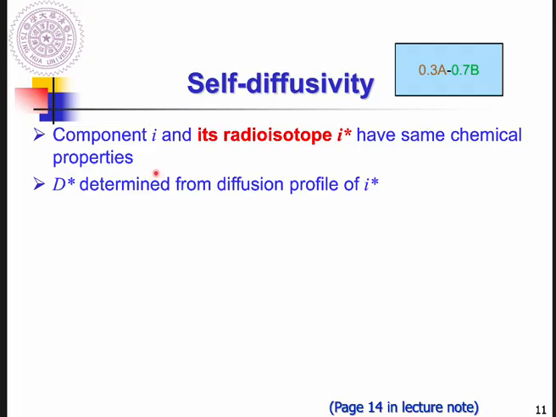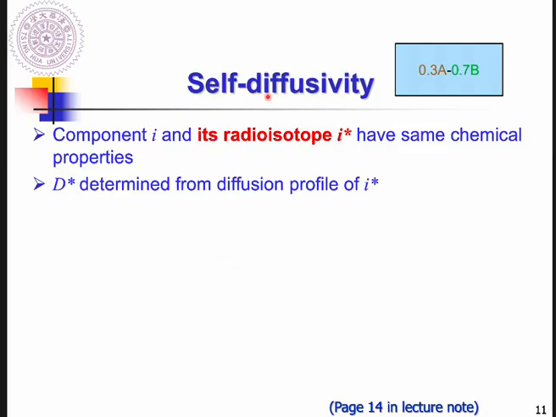So in order to measure the self-diffusivity, because the concentration of atoms A and B are uniform everywhere, it's quite difficult to measure the diffusivity directly, because the concentration everywhere is the same.